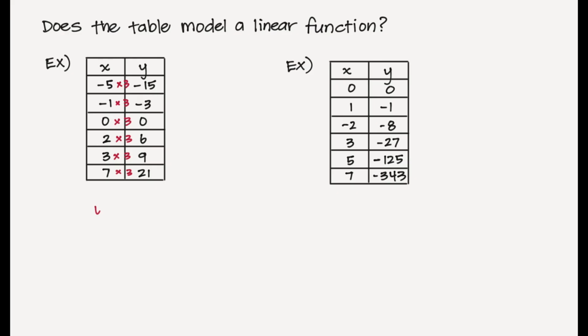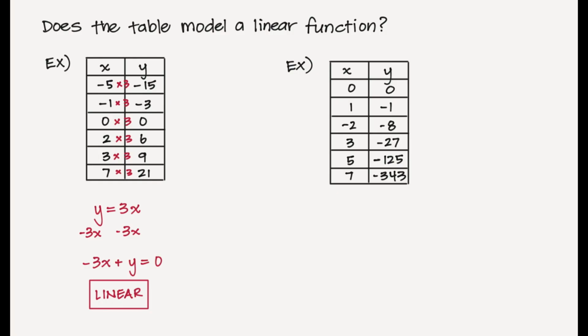So I found a pattern. Every time I'm multiplying 3 times the value of x, and that equals the y value. And now I'm going to subtract 3x on both sides to rewrite my equation. So negative 3x plus y is equal to 0, which is in standard form, which means that this is a linear function.